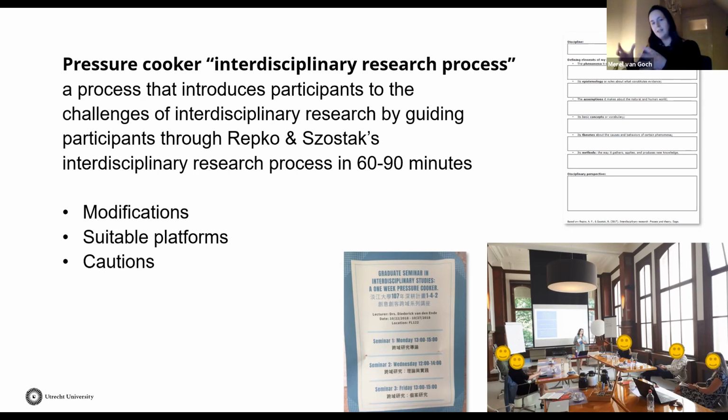And then combined, that's your disciplinary perspective. That's a really powerful thing for participants to reflect upon.